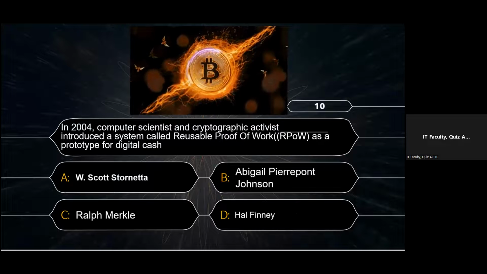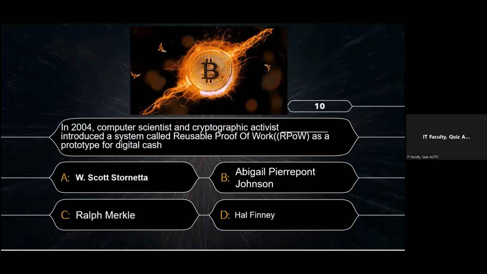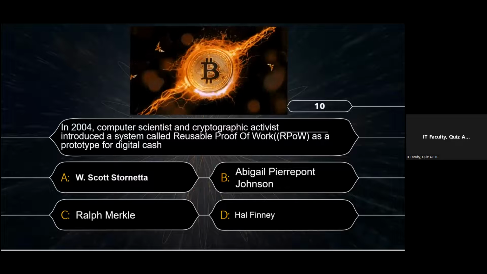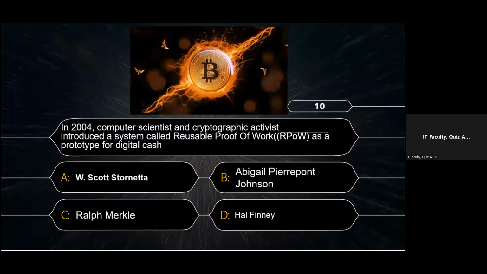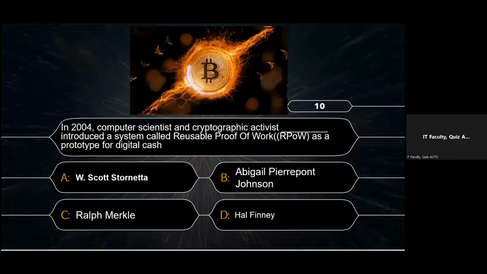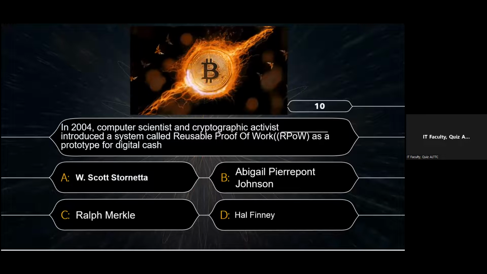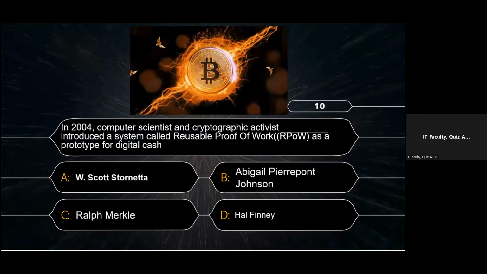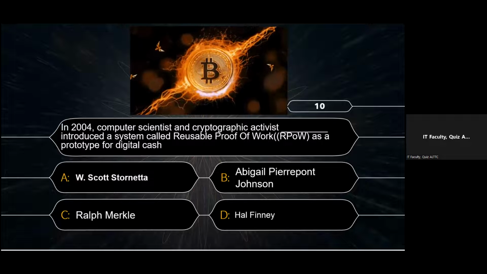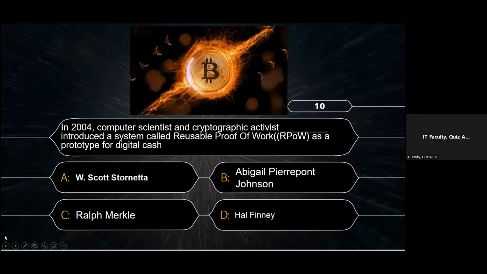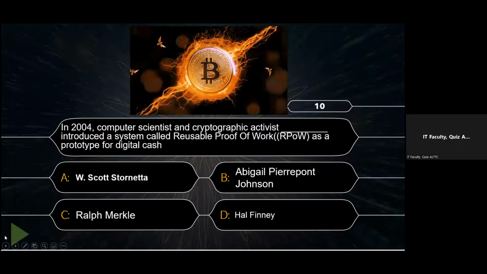Computer science and cryptography: this reusable proof of work as a prototype of digital cash. Option A is Stornetta, option B is Byron Johnson, option C is Ralph Merkle, option D is Hal Finney.